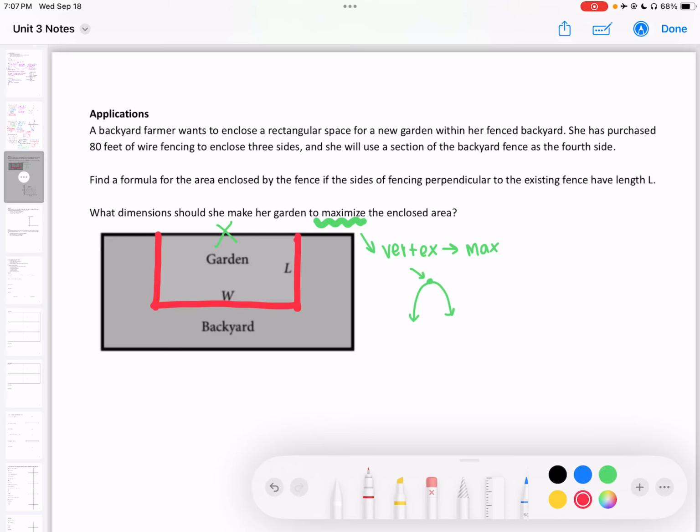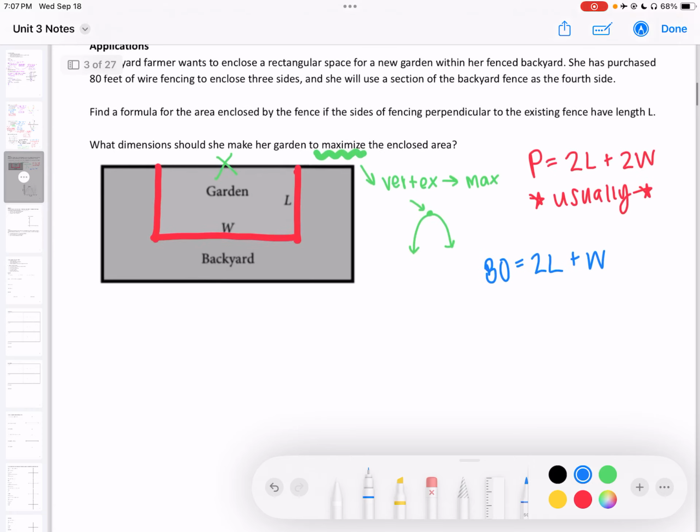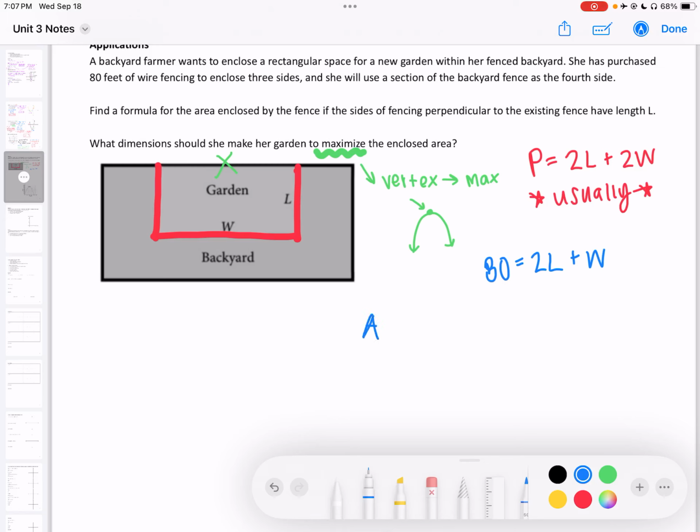So first, let's start by writing out the perimeter for this scenario. We know that the perimeter is 2 length plus 2 width, usually. In this scenario, one of those widths we're not using. So our perimeter is 80 feet of fencing is 2 lengths plus 1 W. We also know that area is length times width.